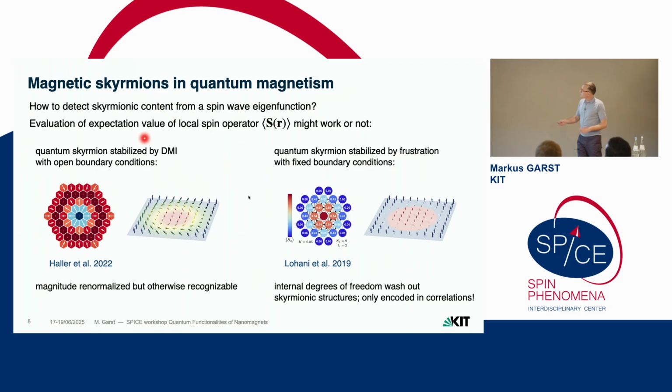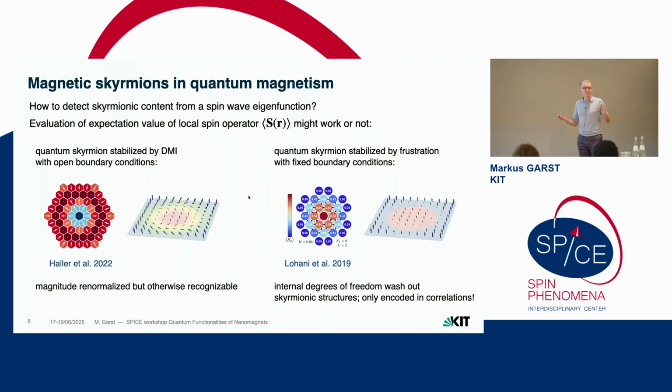However, if you have a many-body eigenfunction, you can ask, how can I detect the skyrmionic content? How can I see from the eigenfunction if there is a skyrmion in it? The easiest thing you can start with is just to evaluate the expectation value of the local spin operator.